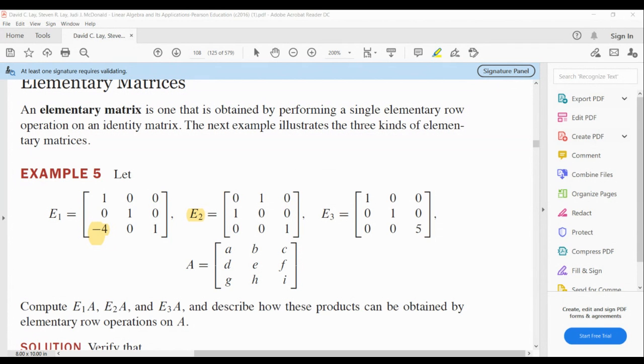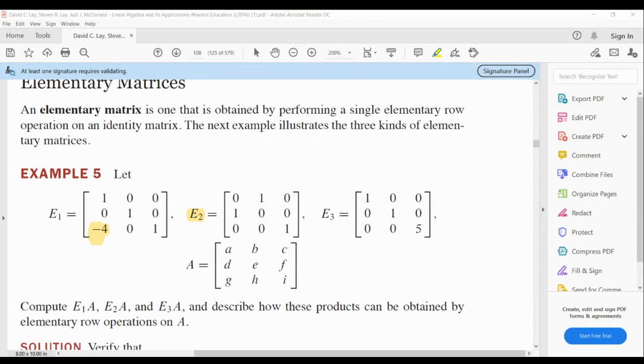What row operation was done? That's right, Solon. They switched the first and second rows. That's an elementary row operation. Okay, what about E sub 3? What did they do there? Good, they multiplied the third row by 5. And again, another elementary row operation.